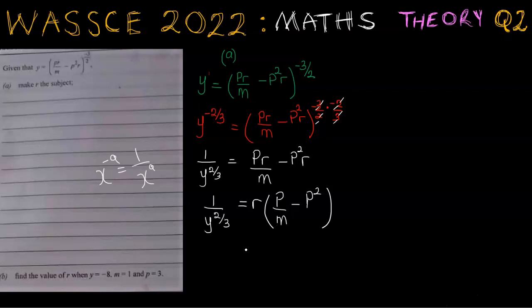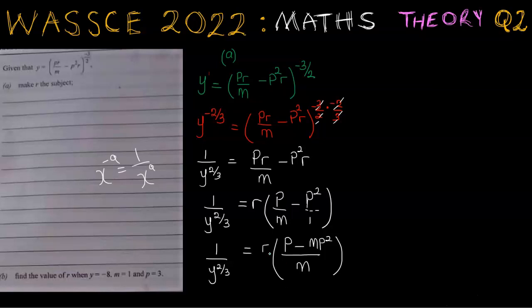The next thing I'm going to do here is to take the LCM of what's within the parentheses. Here I've got p squared over 1, so the LCM of 1 and m is just m. So I'm going to have m in m is 1, 1 times p is p, minus 1 in m is m times p squared is m p squared. So I've still got a 1 over y raised to the power of 2 over 3.